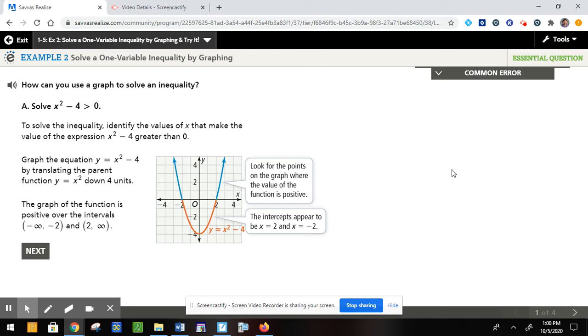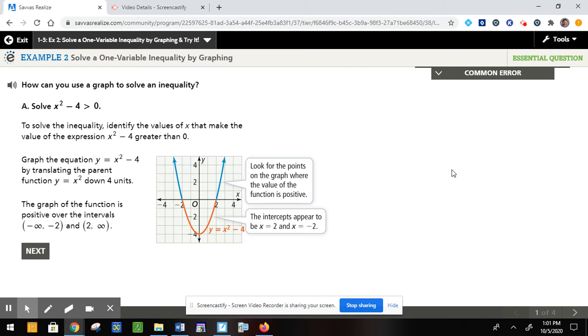So if I look at this graph, greater than 0 means above the x-axis. So where is the function above the x-axis? Well, it's the blue part, right? So the graph of the function is positive from negative infinity all the way to negative 2, and then skipping over to 2 all the way to infinity.